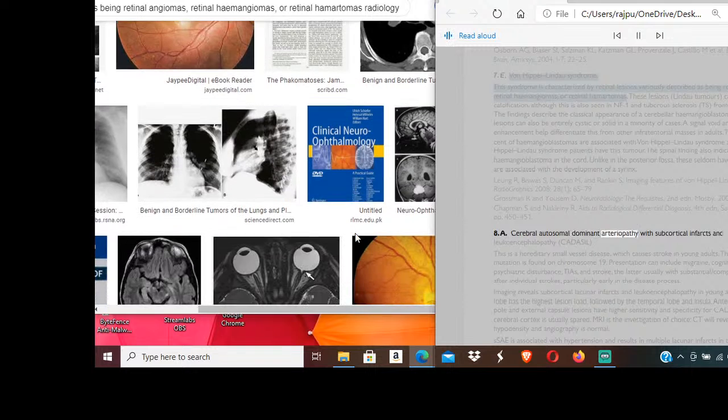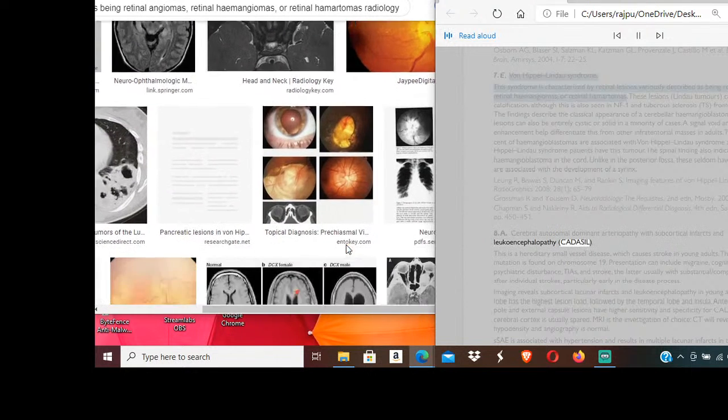8a, Cerebral Autosomal Dominant Arteriopathy with Subcortical Infarcts and Leukoencephalopathy, CADASIL.